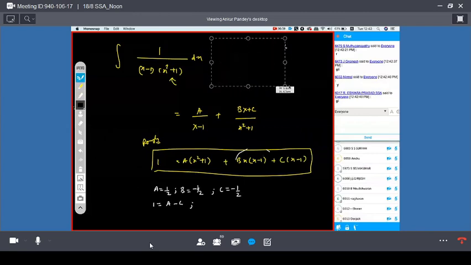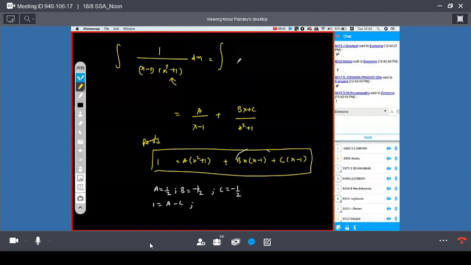So this question will be written as integration of 1 by 2 times x minus 1 plus, okay, minus 1 by 2x by x square plus 1 plus minus 1 by 2 x square plus 1.